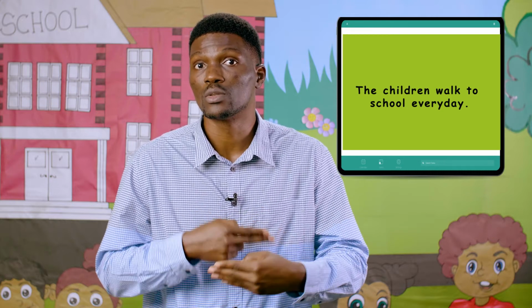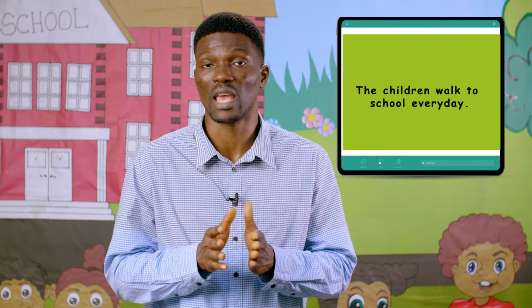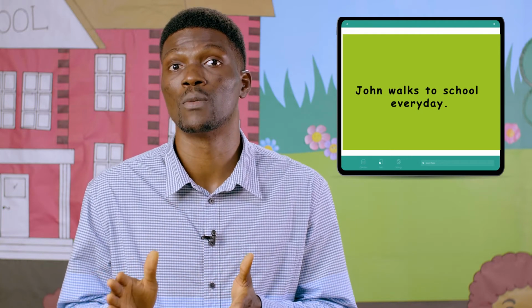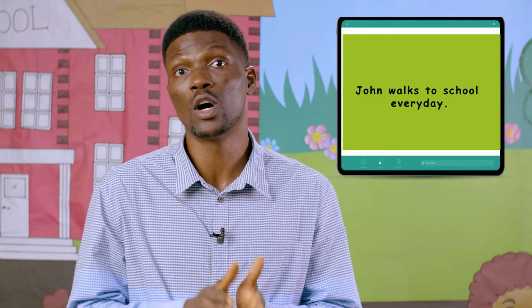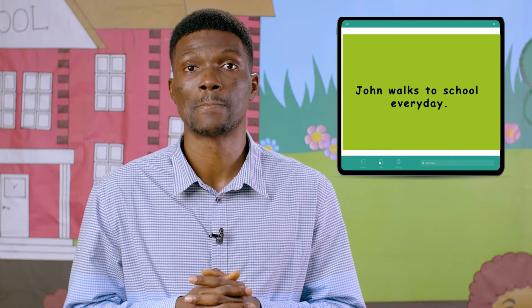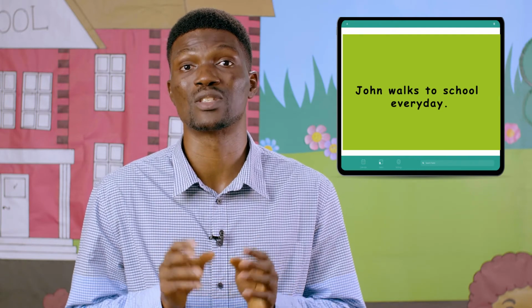So that's an action that shows habitual activity. Right? If I take away the children and I take a singular noun like John, I could say John walks to school every day. So walk, walks, singular verb. Right? It also expresses universal truth.